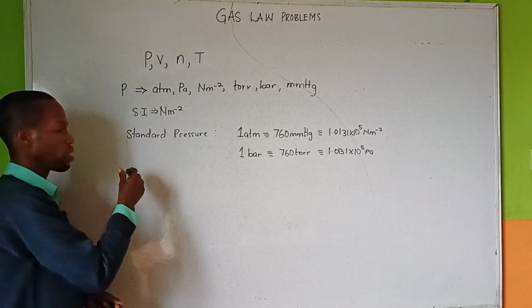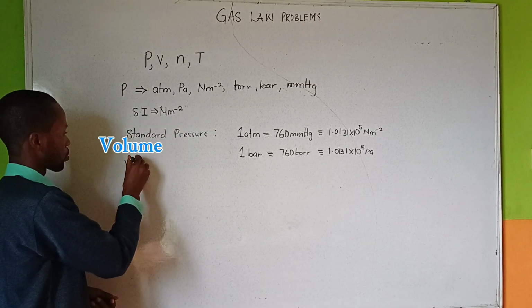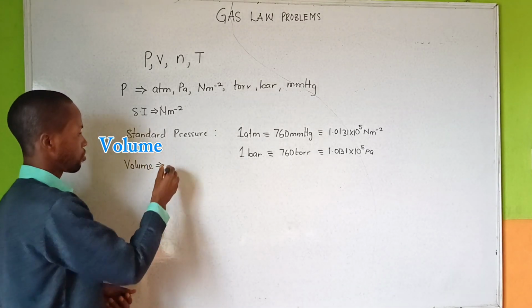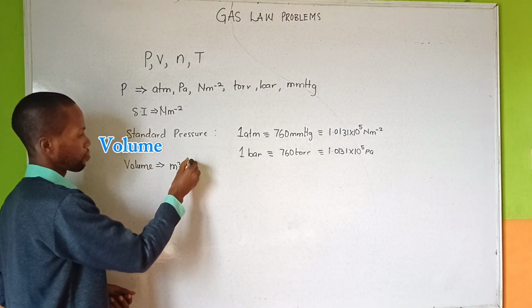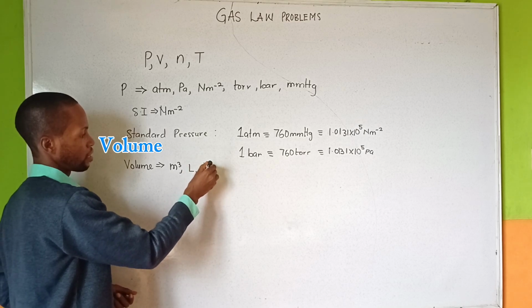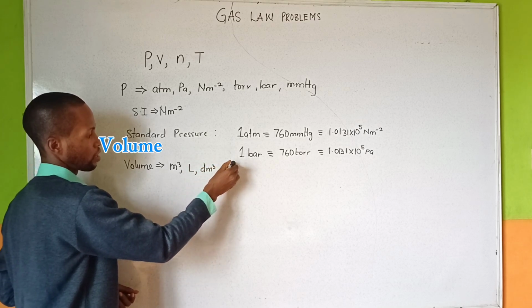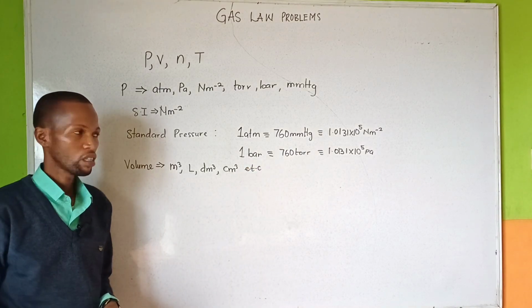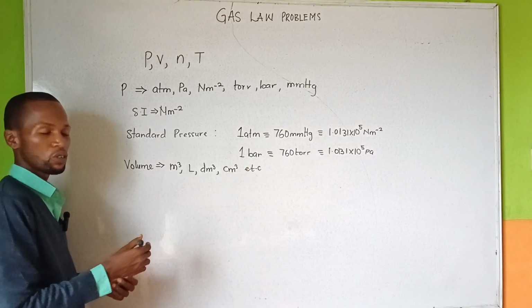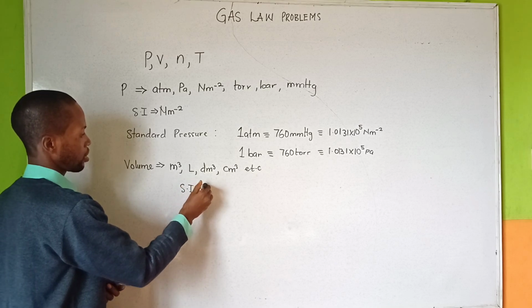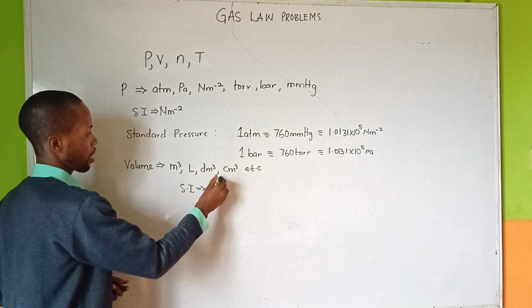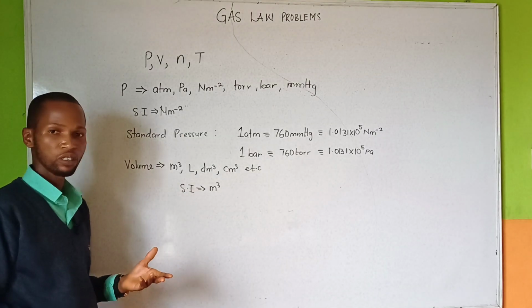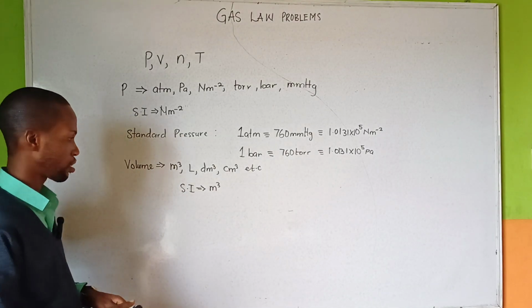The next variable is volume. Volume can be measured in meter cube, liter, dm cube, centimeter cube, etc. The SI unit of volume is meter cube. Volume conversion can be carried out using this trench.